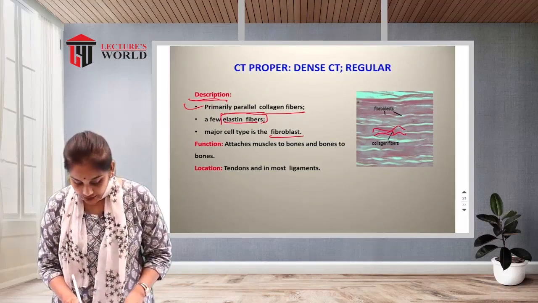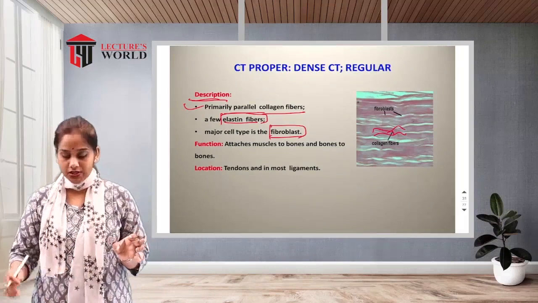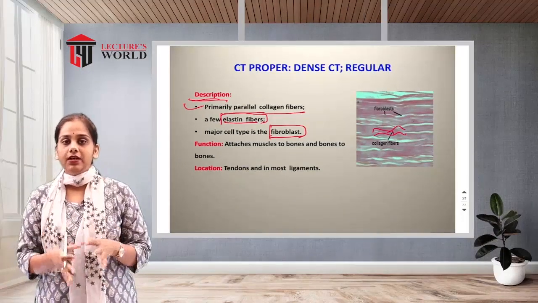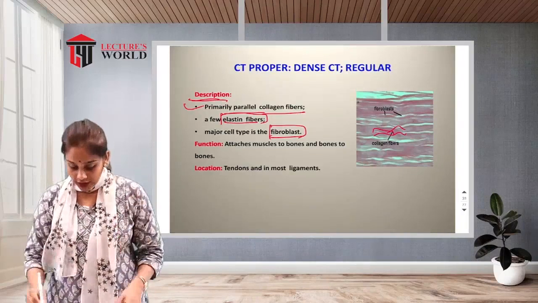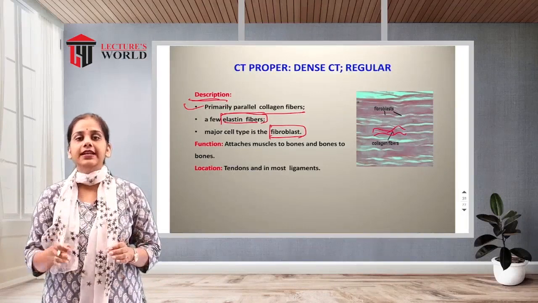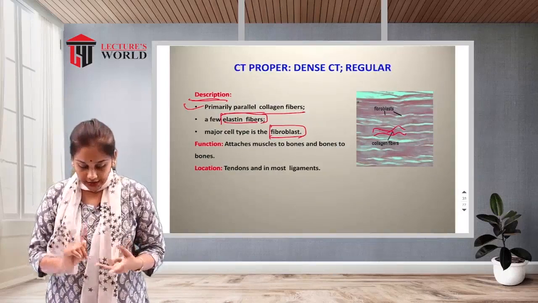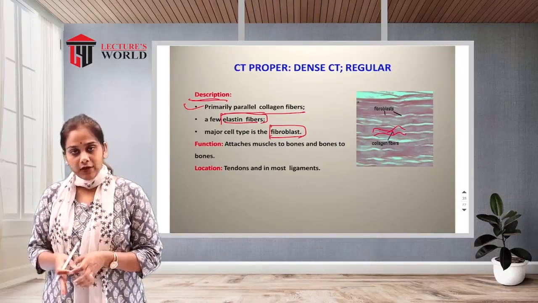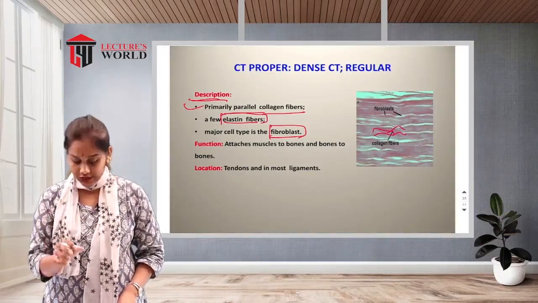The major cell type is the same as in the irregular structure, but in this tissue there is a regular distribution. In irregular dense connective tissue the collagen and elastin fibers are irregularly arranged, but in the regular type the collagen fibers are arranged in parallel.